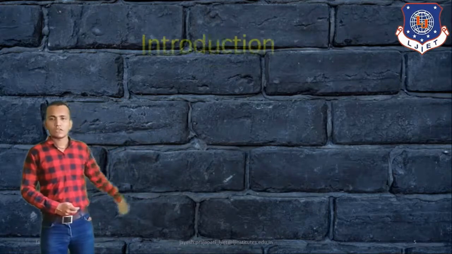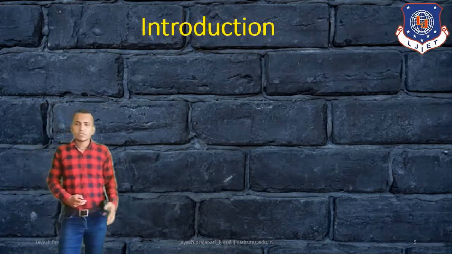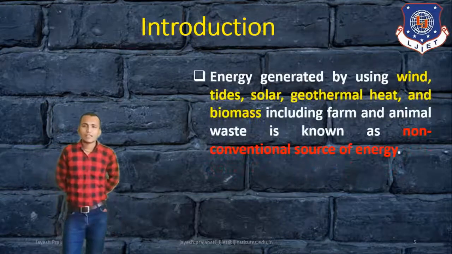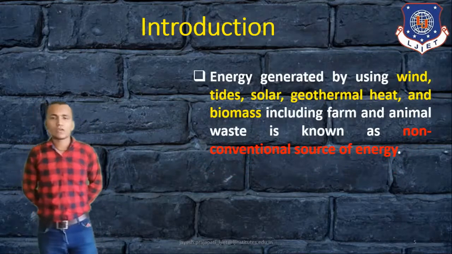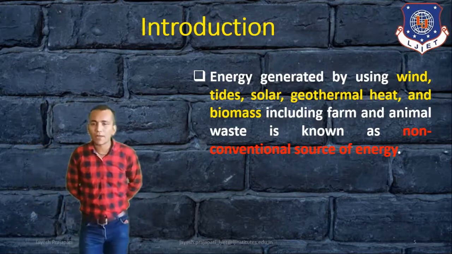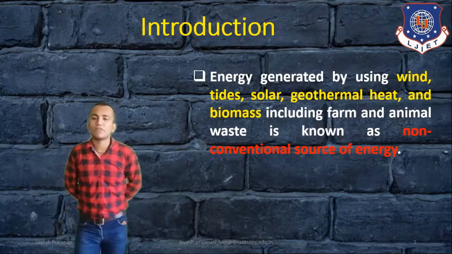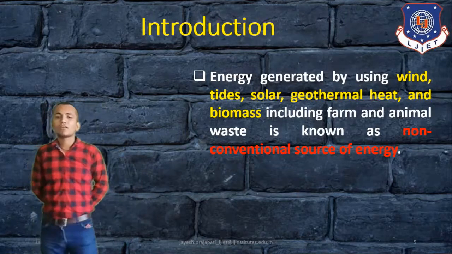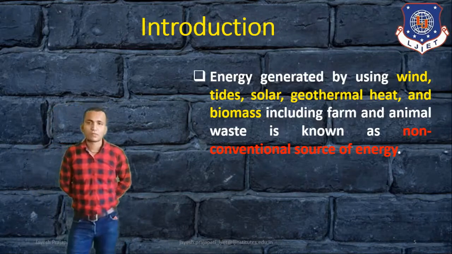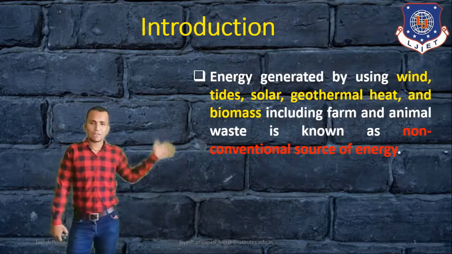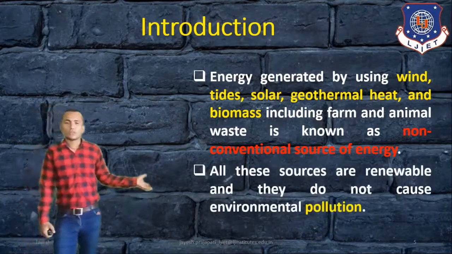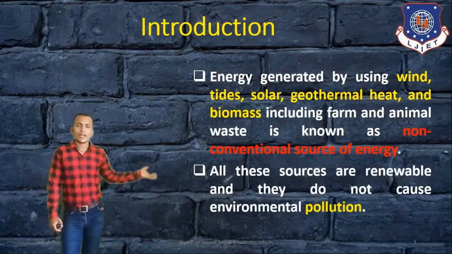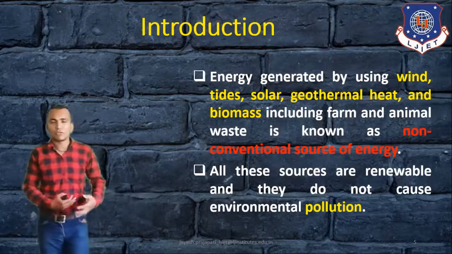So let us first study the introduction. Basically, energy generated from wind, tide, solar, geothermal heat and biomass, including farm and animal waste, is known as non-conventional sources of energy. That is the definition of non-conventional energy sources. All these sources are renewable, and they do not cause environmental pollution.